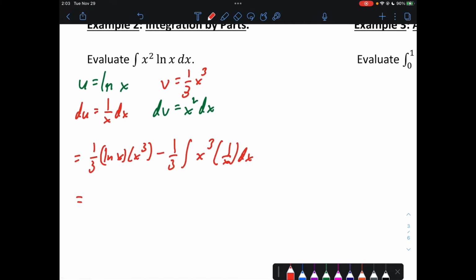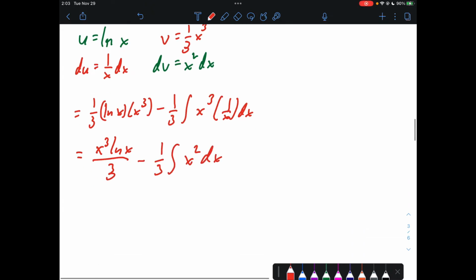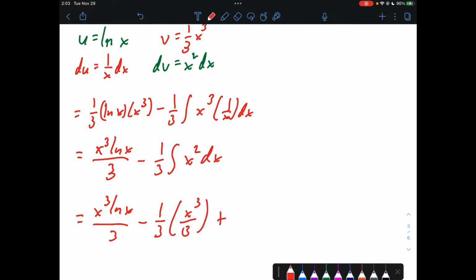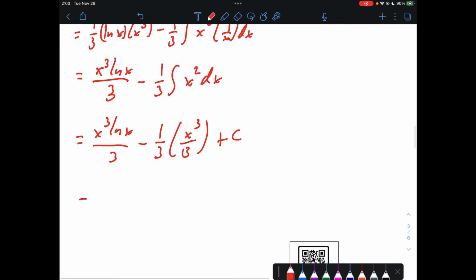Okay, so simplifying this a little bit, we can write this as x cubed ln x over 3 minus 1/3 integral of x squared dx, which is x cubed ln x over 3 minus 1/3 times x cubed over 3 plus c, or finally x cubed ln x over 3 minus x cubed over 9 plus c.